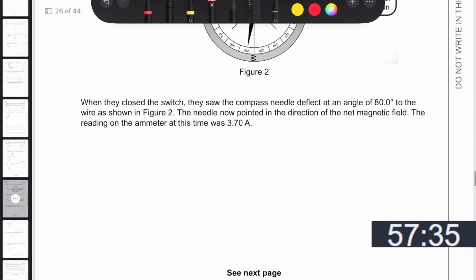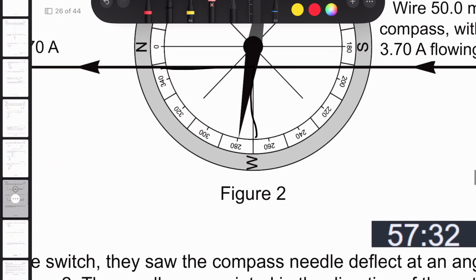Like 80 degrees to the wire. So it's like that. Wait, no. How do they want me to draw my triangle here?